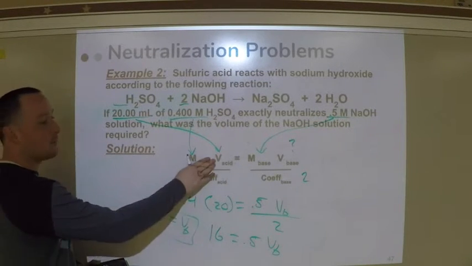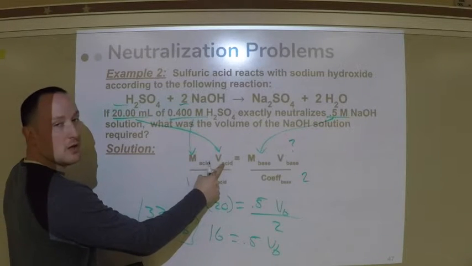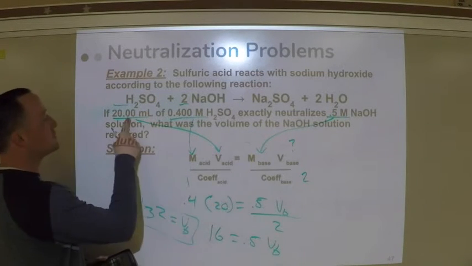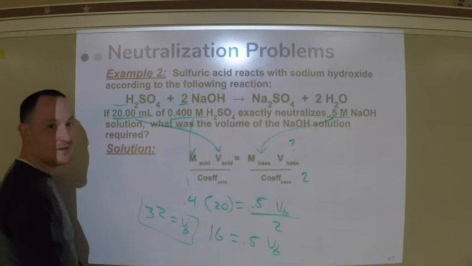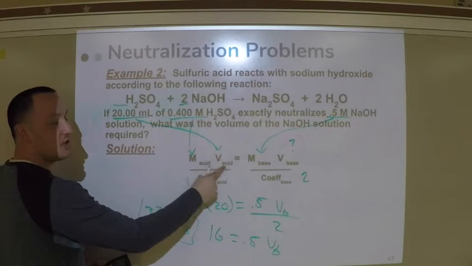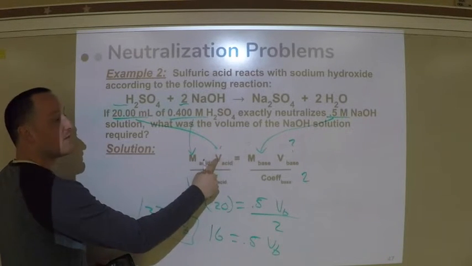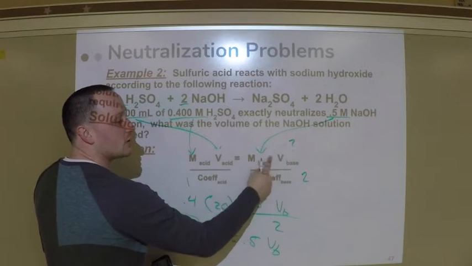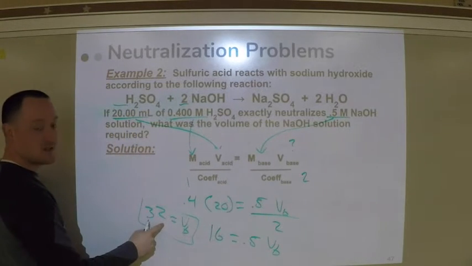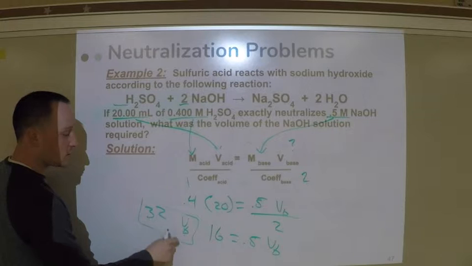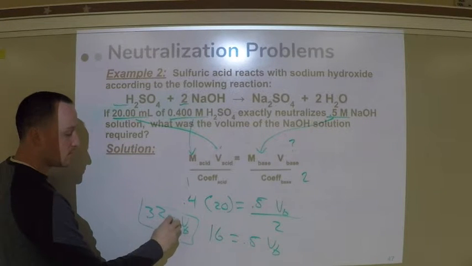Well, in this problem, what was the unit of the volume of our acid? Well, it was in milliliters. Here's what that means. That means if I use milliliters here for my volume of acid, that means milliliters is going to come out from my volume of base. So that means this is milliliters. So I have 32 milliliters.